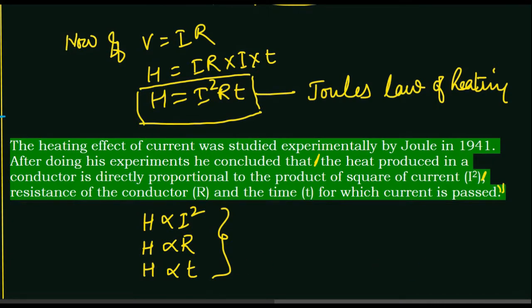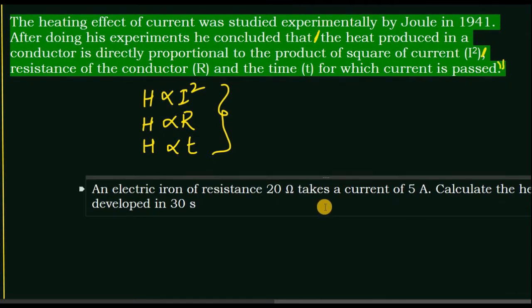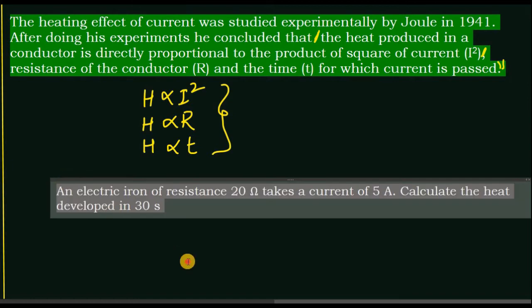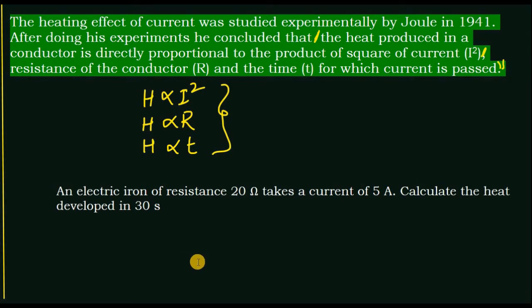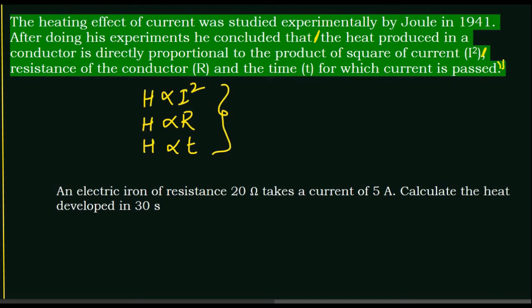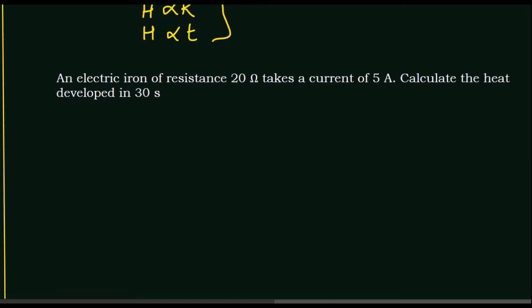Now we do a quick numerical based on this topic. What is the numerical given? An electric iron of resistance 20 ohm takes a current of 5 ampere. Calculate the heat developed in 30 seconds. To solve this numerical, first of all we write whatever values are given and what to find out, and then we apply the required formula.